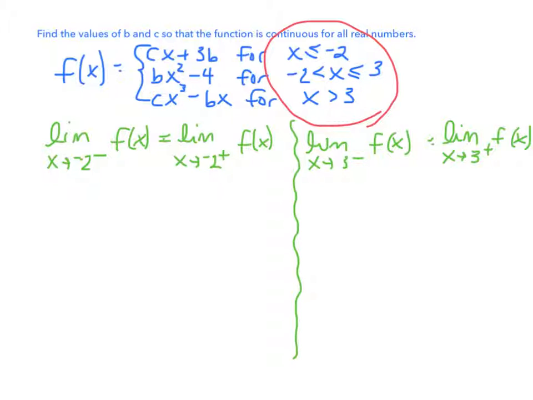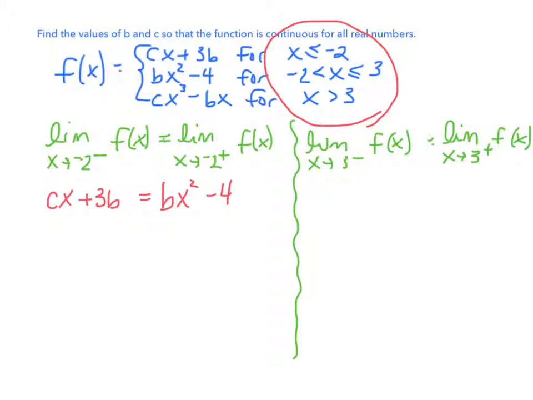First let's look at the negative 2 condition. As x approaches negative 2 from the left, when x is less than negative 2, we're looking at cx plus 3b, and that is going to be equal to the limit from the right, when x is greater than negative 2, so we have bx squared minus 4.